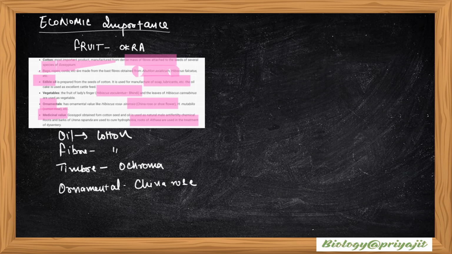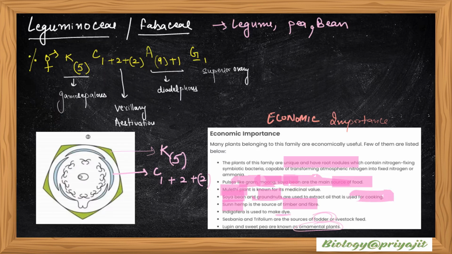Ornamental, we can see has ornamental value like Hibiscus rosa-sinensis, Hibiscus mutabilis, etc. Medicinal plant, gossypol, obtained from the cotton seed, and oil is used as natural male anti-fertility chemical. Roots and barks of some plants are used to cure hydrophobia like Urena repanda, and roots of Abutilon are used in the treatment of dysentery.